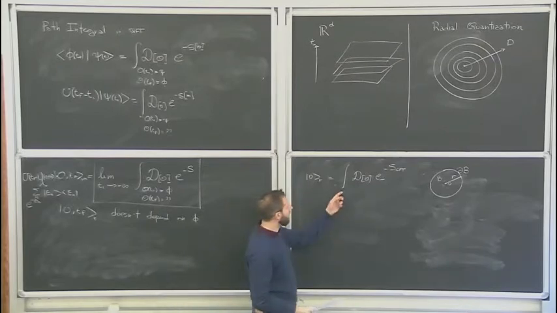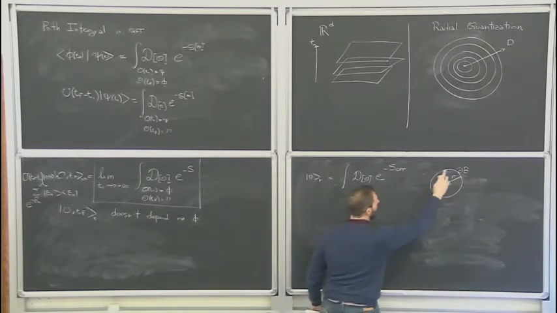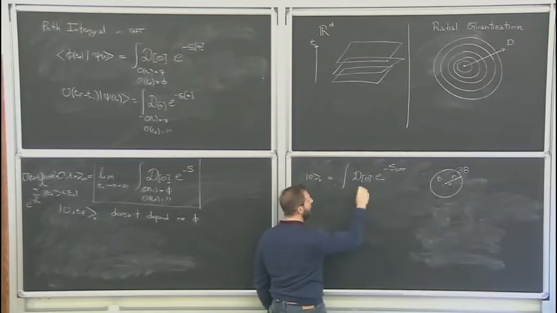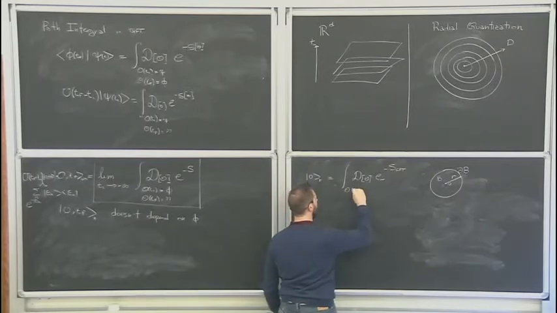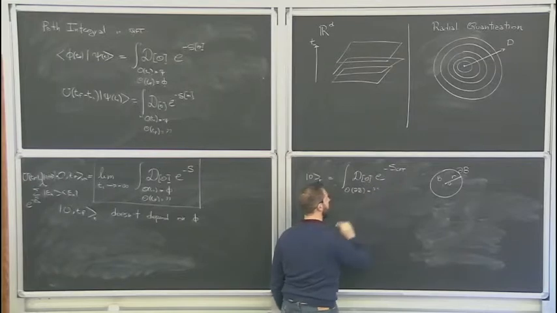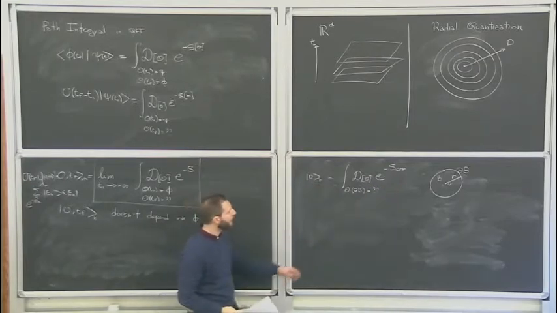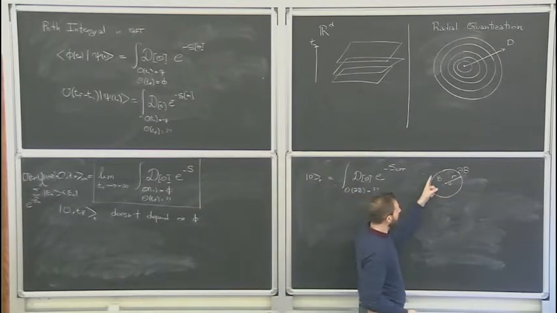And then, as boundary condition, we leave all the fields unconstrained on the boundary of the ball. Okay, so we don't set any boundary condition on the ball.